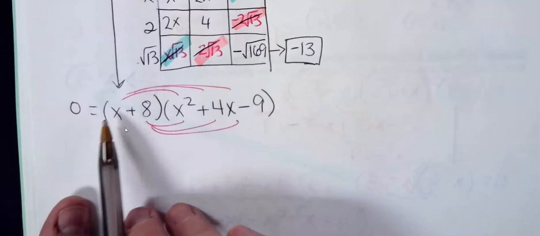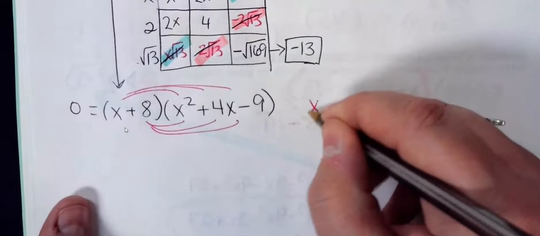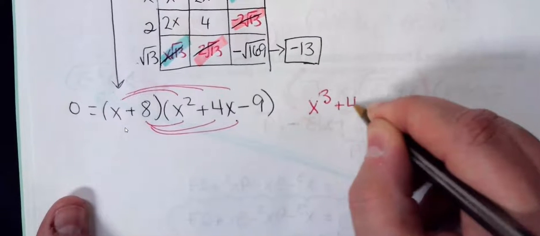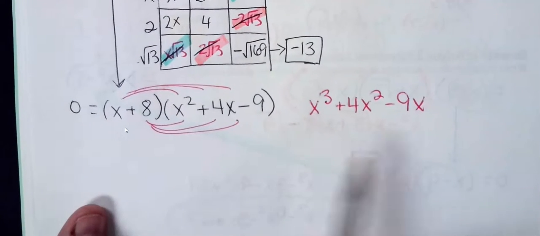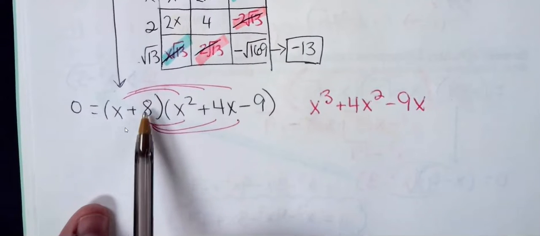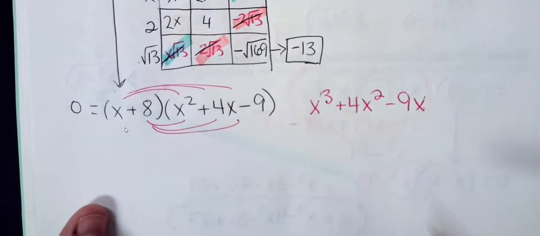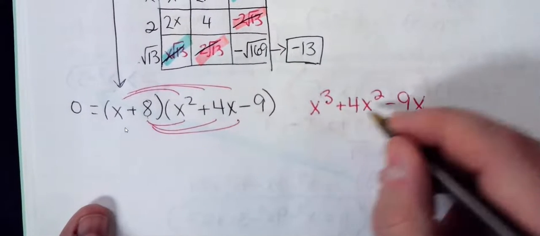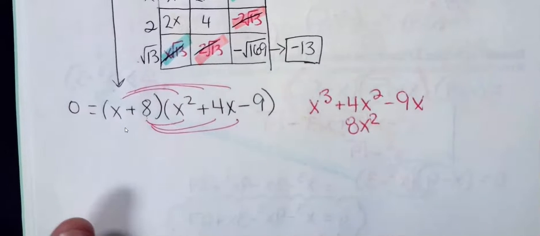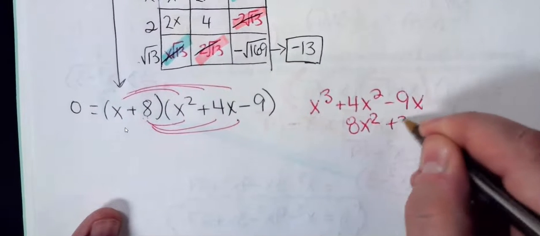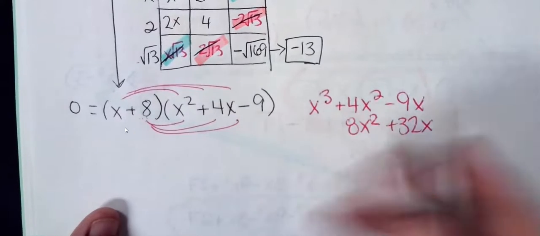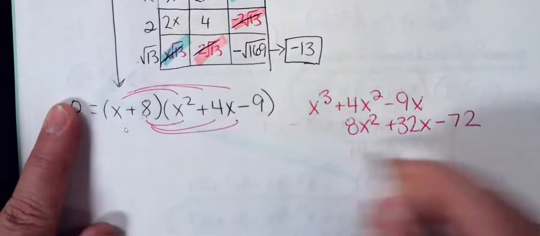So x times all three of these things, you're going to get x cubed plus 4x squared minus 9x. And then I just line up like terms the best I can. I've got to multiply 8 by all three terms there too. So 8 times x squared, I just write right underneath any other term with an x squared. 8 times 4x is going to be 32x, and 8 times -9 is -72.